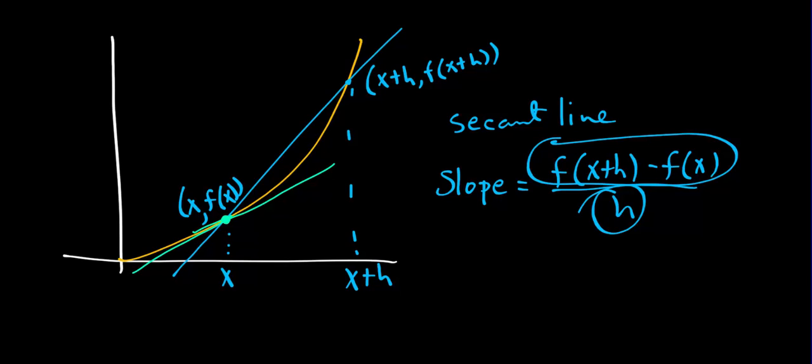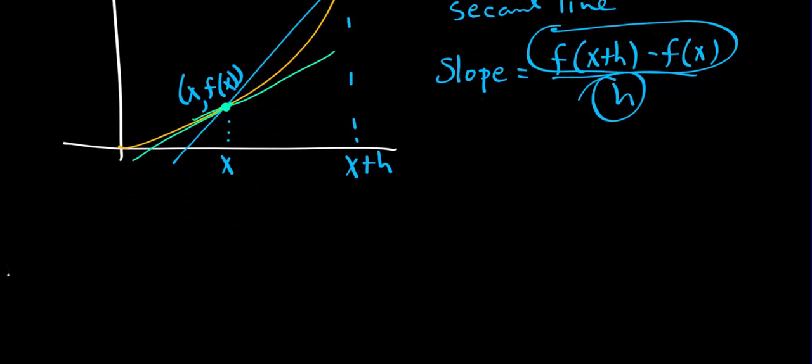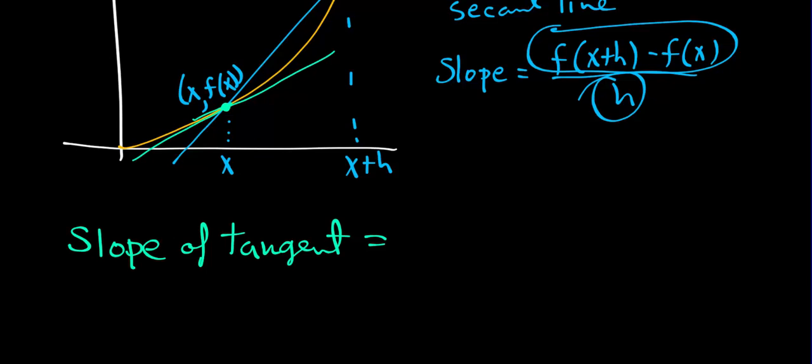Now, I was going to show you something on Desmos, but I don't have to. I can show you with the calculator. What we found is the slope of that tangent to be equal to 4.